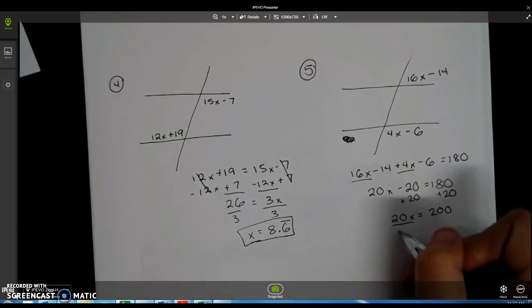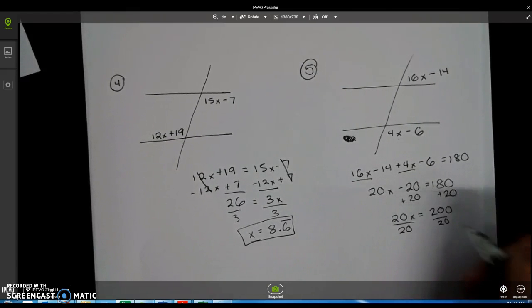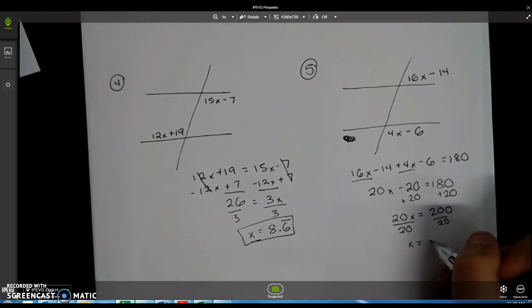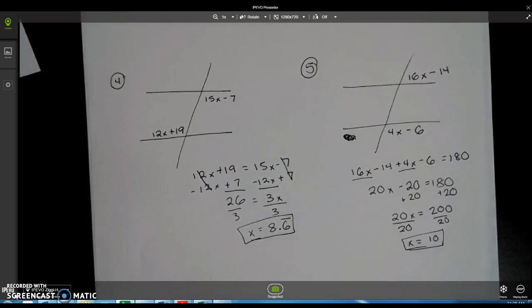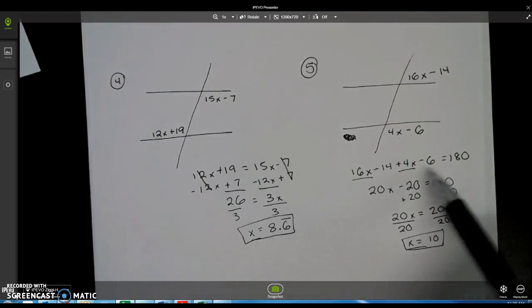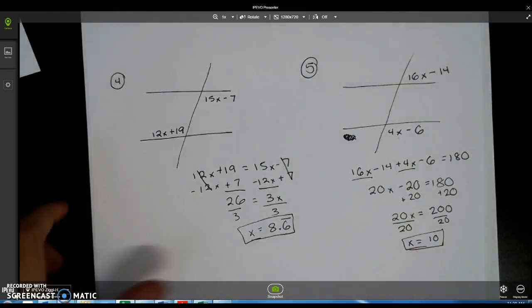Right? Divide. So once again, the geometry here is just setting up my problems, right?